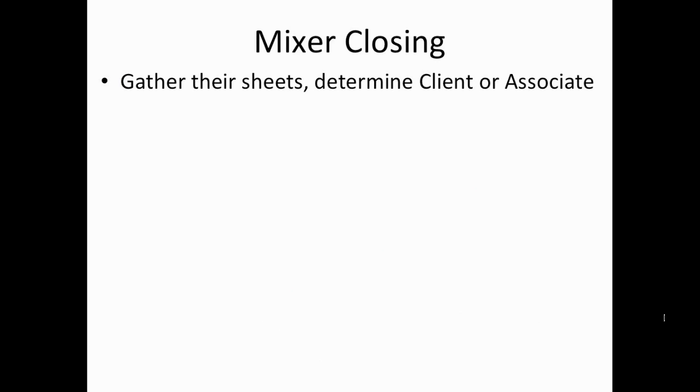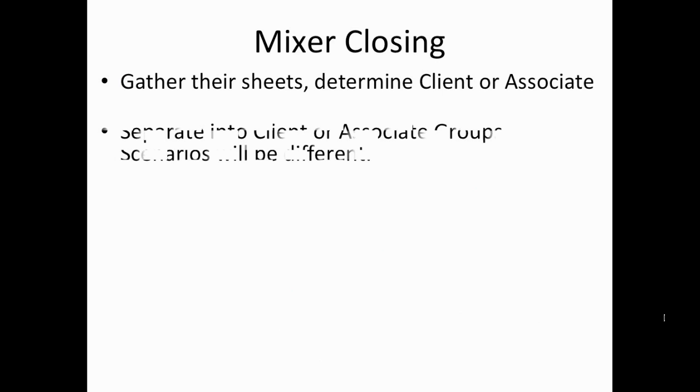So we've got to learn to be flexible when we're closing people and just go with the flow. If they circle 6 through 10, we're assuming they want to be an associate. However, that 6 may want to just use products. So again, you're going to determine the best that you can by these numbers, and then you're going to separate into groups.